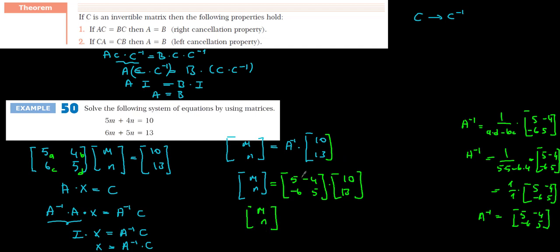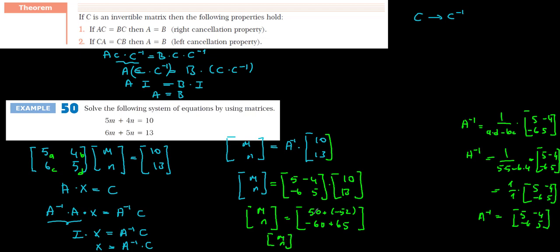When you multiply these, you multiply 5 times 10, which is 50, minus 4 times 13, which is 52. Then minus 6 times 10 is minus 60, plus 5 times 13 is 65, and it's equal to m and n.